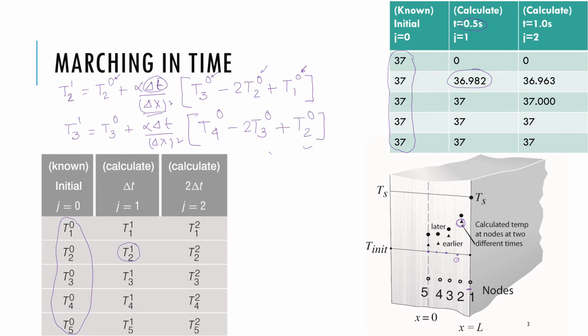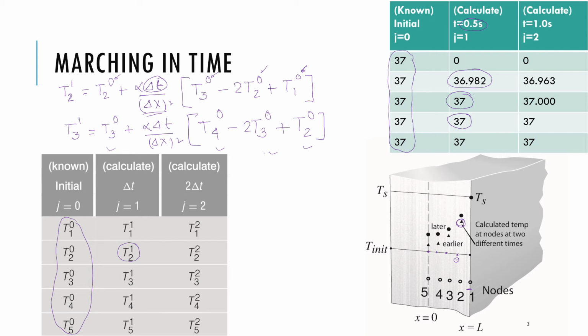So all of these guys are known, so I can find T31. In this case, because these guys are all zeros, then T31 does not change. Okay, so similarly T4 also would not change.